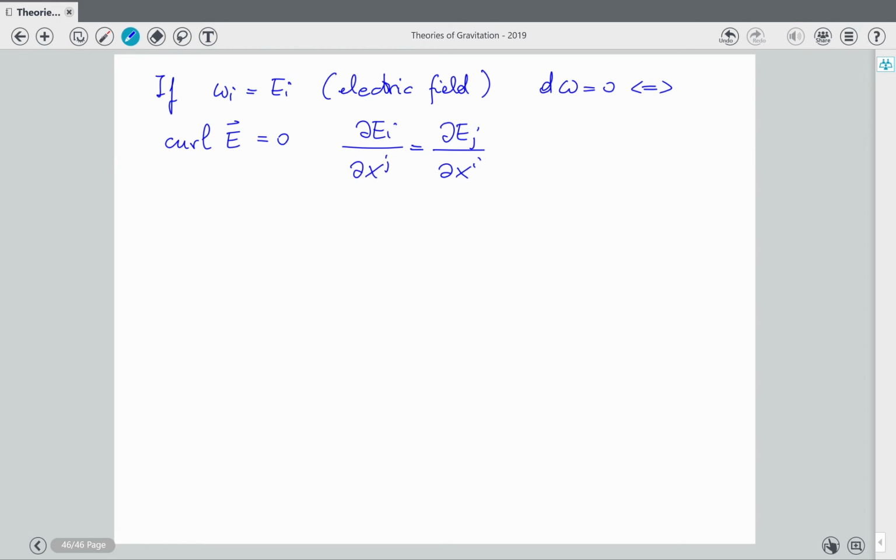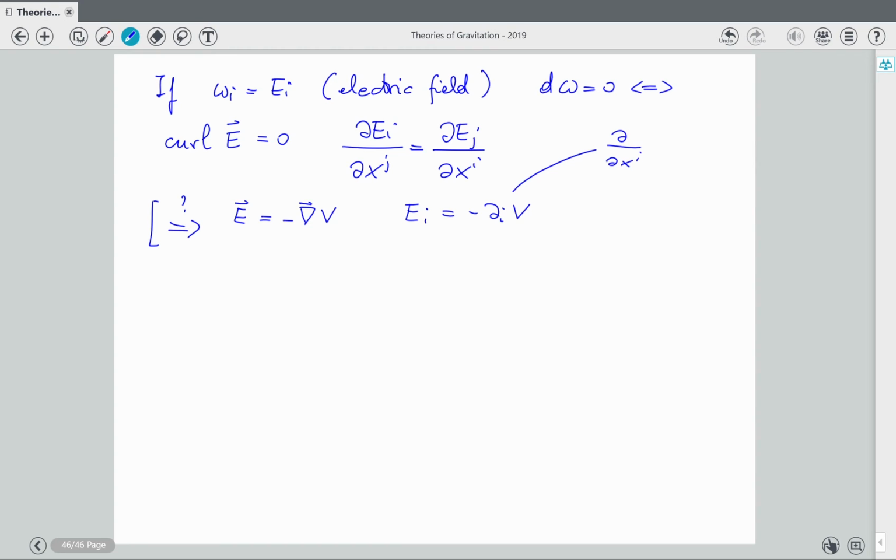Now you might remember that in classical electrodynamics, when you have this condition, you conclude that there must be a potential such that E is minus, by convention, the gradient of that potential, which would mean EI equals minus partial I V. Partial I is a shorthand notation for partial divided by partial xi.